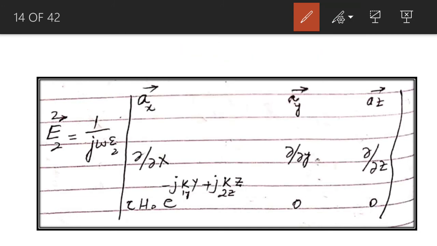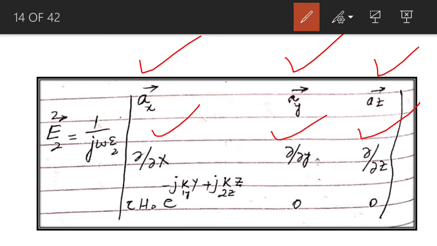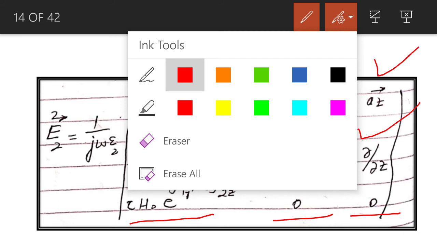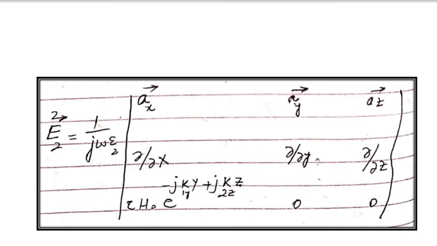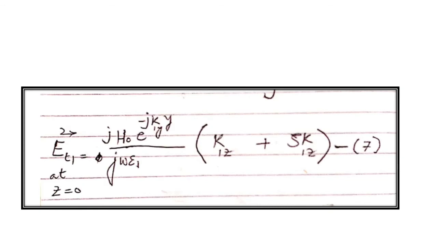If we look at this determinant, we have the unit vector Ax, the unit vector Ay, the unit vector Az in the first row. We have curly by curly x, curly by curly y, curly by curly z in the second row, and over here we have the x component of H2, the y component of H2, and the z component of H2. If we consider the equation for H2, H2 has got only one component.